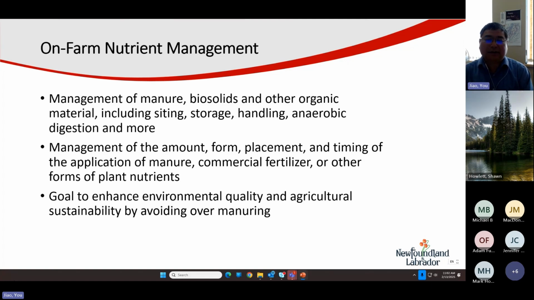The soil fertility concept is 100 years old in the agricultural industry. But over the last 30 to 35 years, we came up with the nutrient management concept.